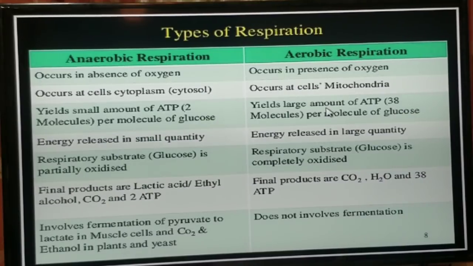Whereas in aerobic respiration, 38 molecules are generated in animals and 36 ATP molecules are produced in plants. Energy released is small in quantity in anaerobic respiration.